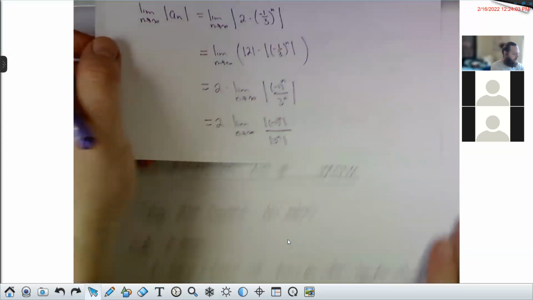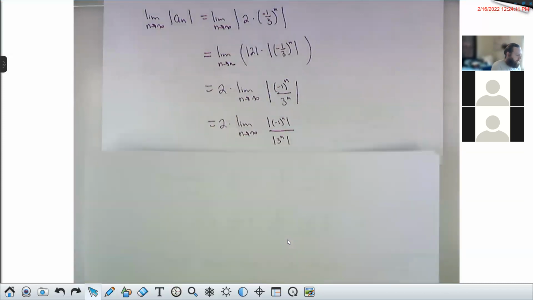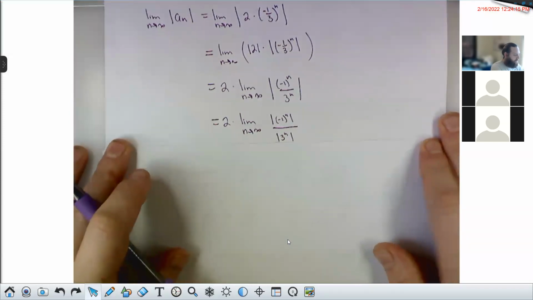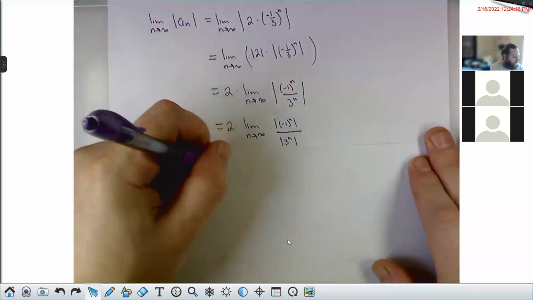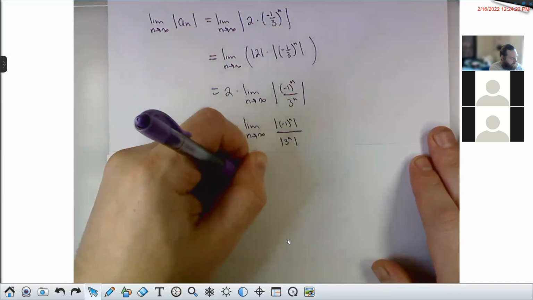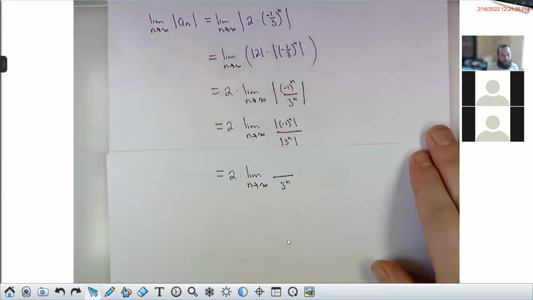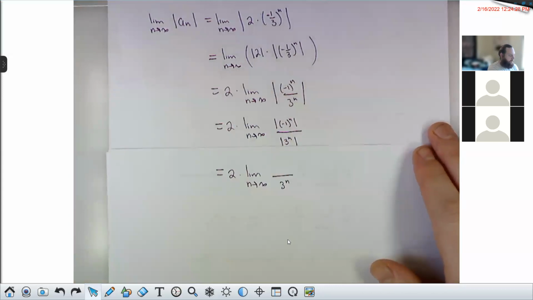Upstairs, another fact about absolute values, because they play nice with multiplication, they automatically play nice with powers. Powers are just repeated multiplication. So I get 2 times the limit as n goes to infinity. The bottom we said, because 3 to the n is positive, the absolute value of 3 to the n is just 3 to the n.